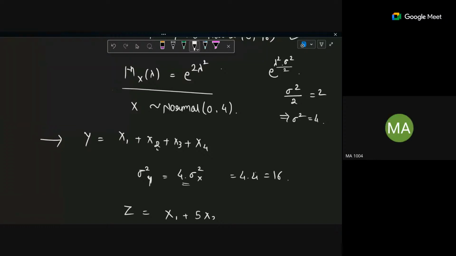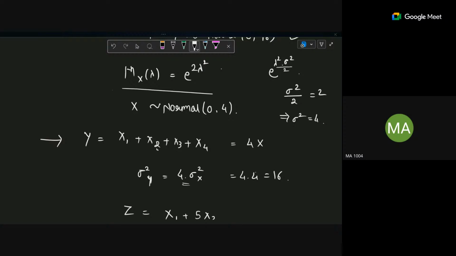And ma'am, if after that we apply variance of y is equal to variance of 4 times x, then will it be 16 times variance of x? As they are IIDs. Yeah, it seems so.